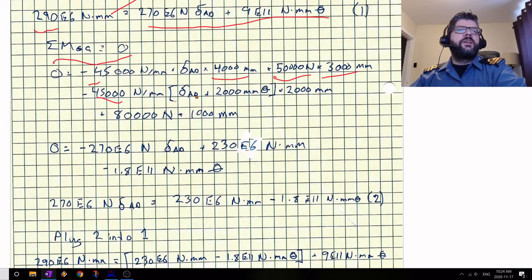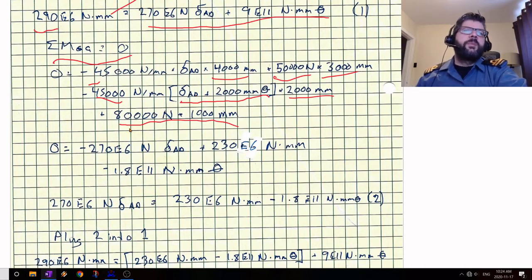Next, we've got E, so again negative 45,000 newtons per millimeter times its displacement times its distance between G and E. And then next up, just the 80 kilonewton force times the 1 meter between them, again keeping everything in newtons and millimeters.